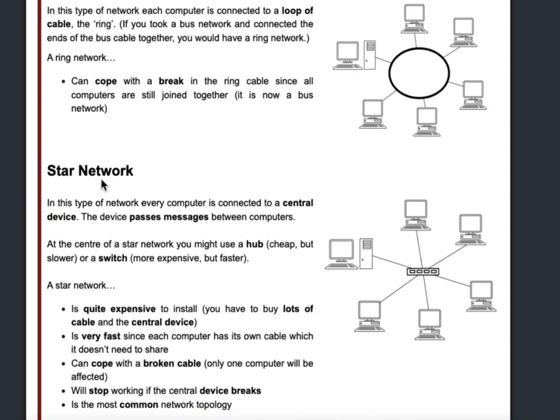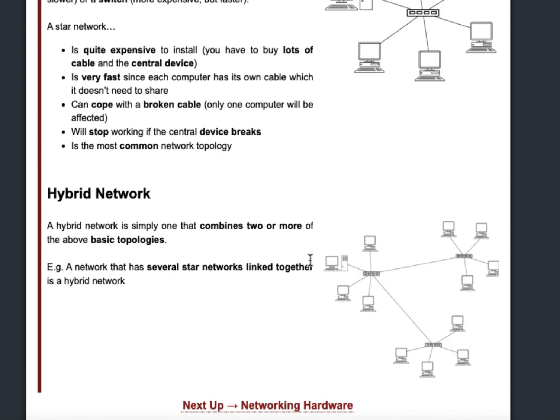We have the third one, which is the star network, in which we arrange all our computers, our workstations, our clients, our servers, all of them around a central point. And then the fourth one is the hybrid network, which is a combination of two or more of the basic topologies. Could be 2 stars connected together, or 3 stars connected together, or 2 buses connected together. So that's what we refer to.